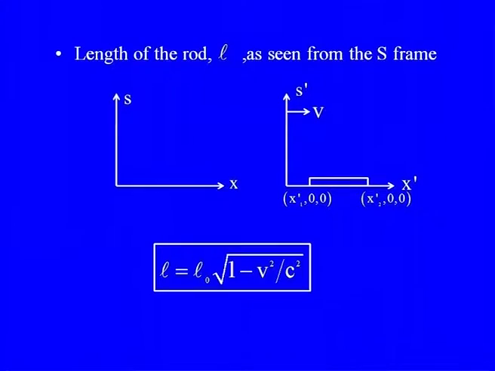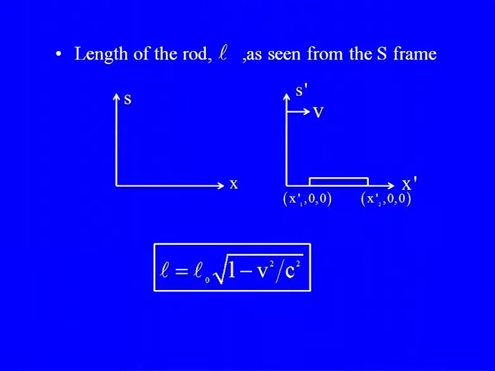So if you see the length of this rod from the S frame, remember that the rod is at rest in the S prime frame, which is moving with a certain uniform velocity v. Then what's the length that we're going to see in the S frame?